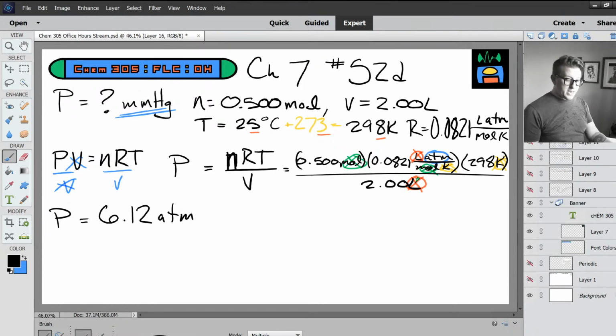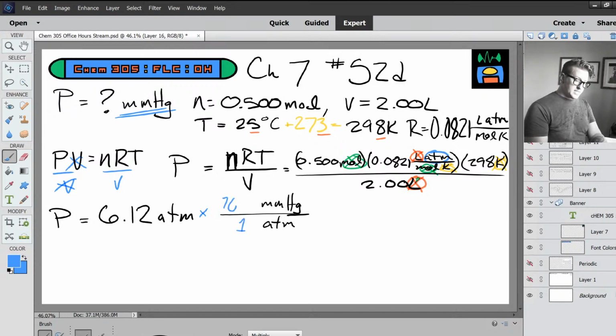Okay, yeah, we're good. Now we just have to do one last step, and we need to convert from atmospheres to millimeters of mercury. This is an exact unit conversion, so we don't have to worry about sig figs. 1 atmosphere is 760 millimeters of mercury. So atmospheres will cancel atmospheres. We multiply by 760, and we are in the money.